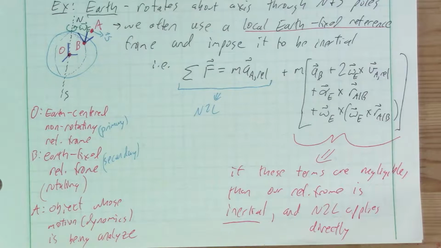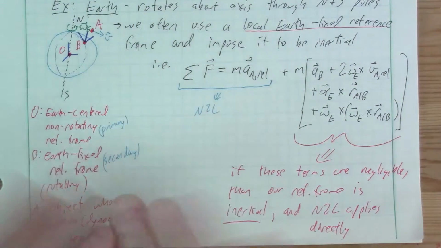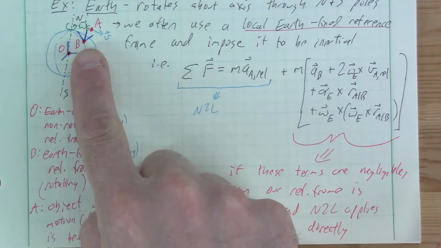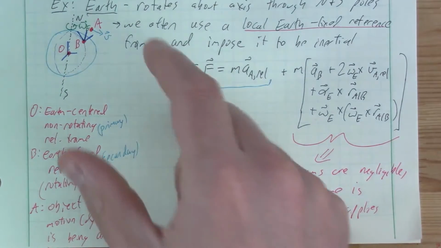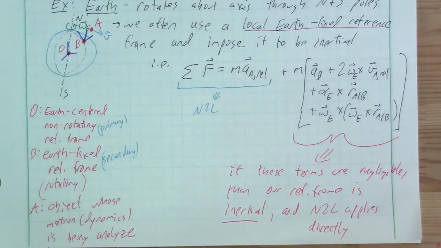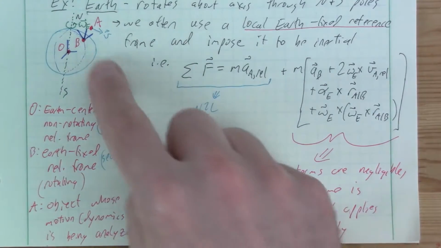All right. So let's talk about each of these terms, each of these terms that we are neglecting for the scale of the Earth and doing an engineering problem at B, looking at object A here, where usually A is right in the laboratory, right? It's something that is really close to B, or the origin B of this reference frame.